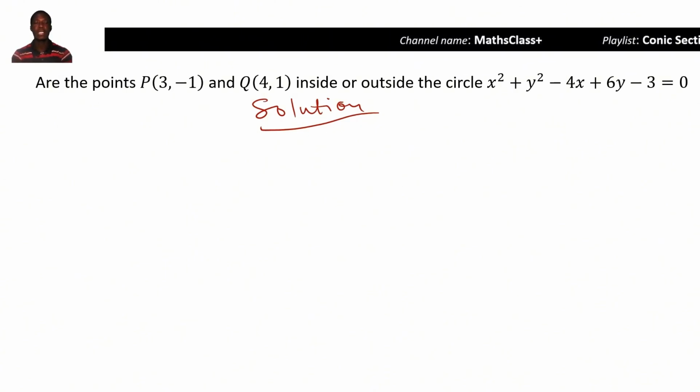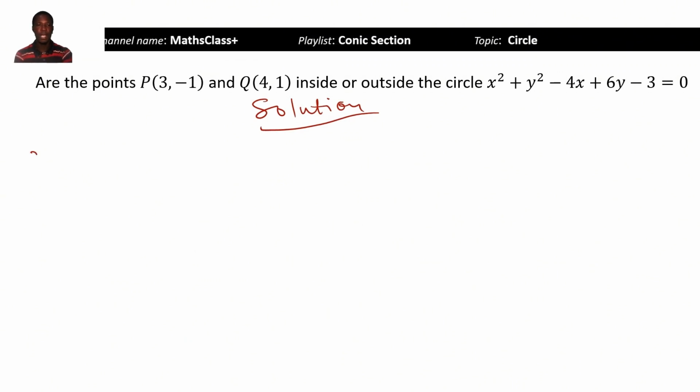If we substitute the point P and the result we get is 0, then it means the point P lies on the circle. If the result is less than 0, then it means the point P lies within the circle. And if it is more than 0, it means it is outside the circle. So what we are going to do is to substitute the point P into the equation.